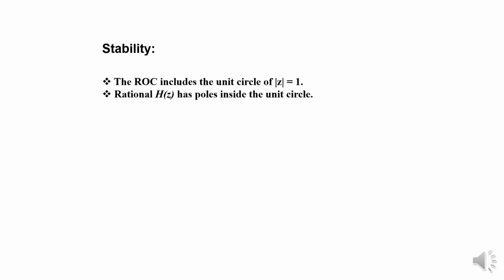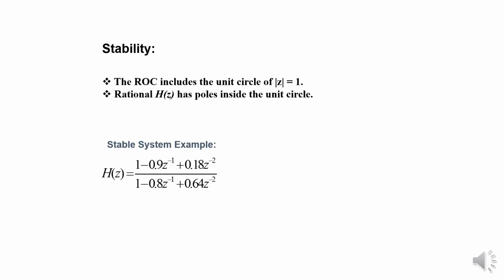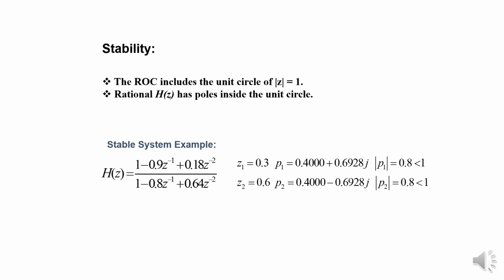If the region of convergence includes the unit circle, what is the unit circle? Magnitude of z equal 1, then H(z) has poles inside the unit circle. Zeros 0.3, 0.6, right?